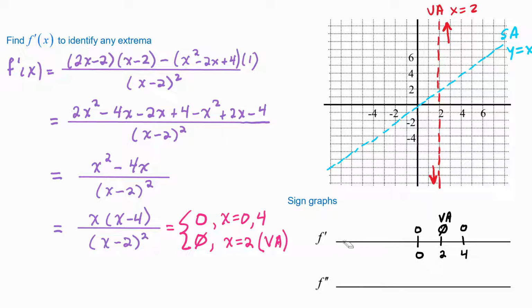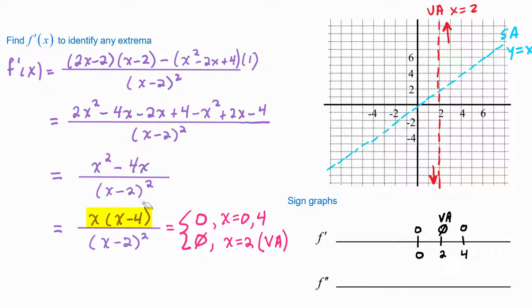So in this region, we can pick x is negative 1. Now the denominator is always going to be a positive because of that squaring, so I'm not going to plug in any values there. So I will only plug that negative 1 into these two factors in the top. So we have negative 1 in here makes this negative.